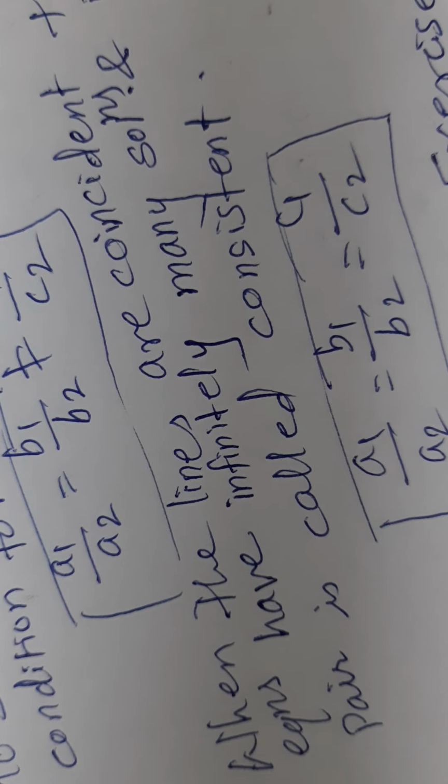So in this case, we want to find the number of girls and the number of boys. Let the number of boys be x and the number of girls be y. Since there are 10 students, boys plus girls equal 10.